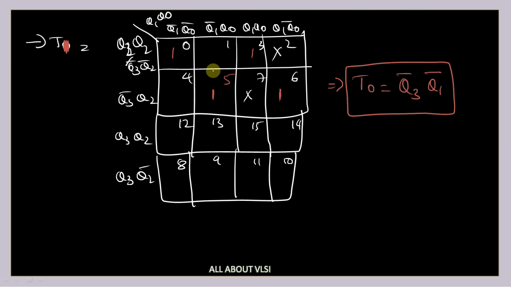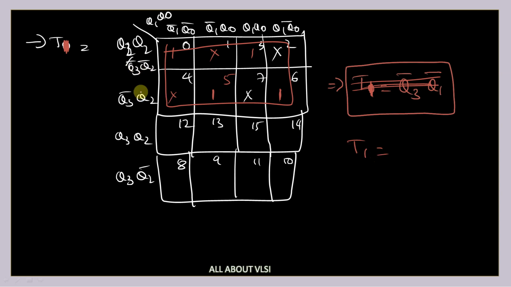Okay. These are my minterms of T1 and 1, 2, 4 and 7 are my don't cares. Okay. So I can make an octet here. So my T1 is nothing but Q3 bar.